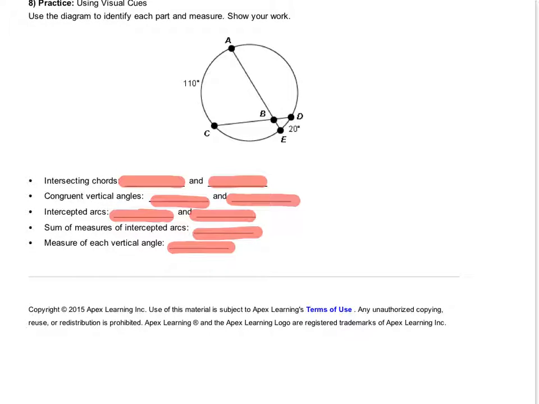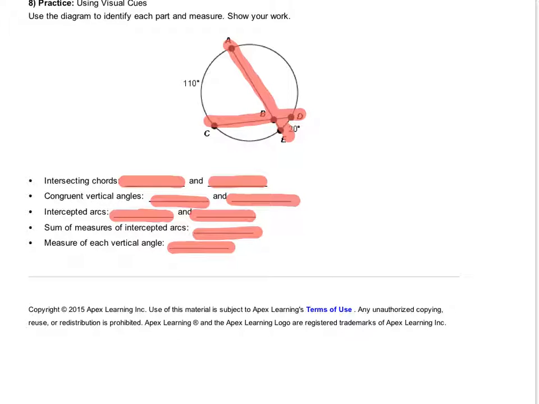Let's practice one. We're going to use the diagram to identify each part and measure. The intersecting chords are segments AE and CD. That's what we put on this line.